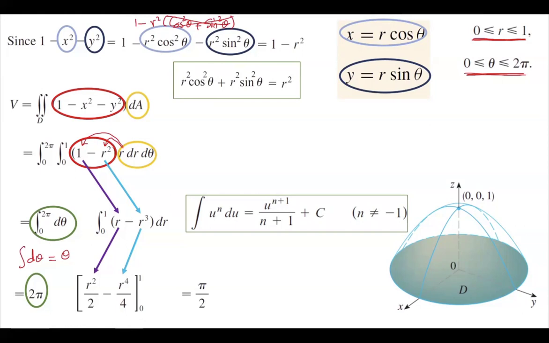So again, here you have a disk. The radius shrinks to 0 and expands to 1. So that's why r is between 0 and 1.